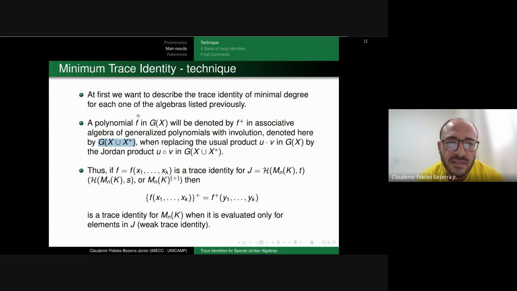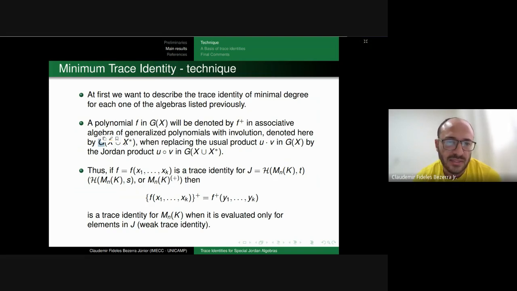In this case, we replace the usual product here by the Jordan product here, and in this case, F plus is an associative algebra. It is the associative element in this algebra.